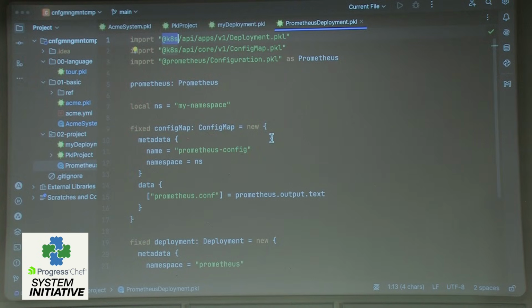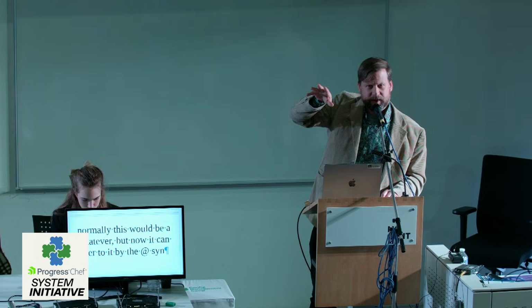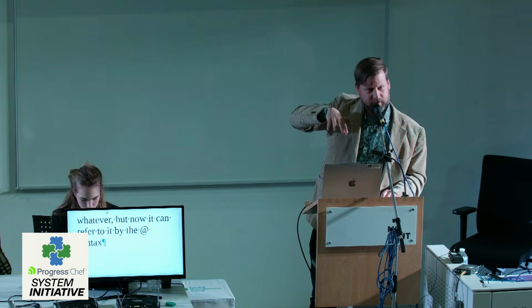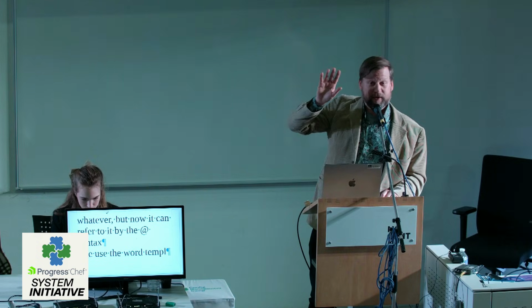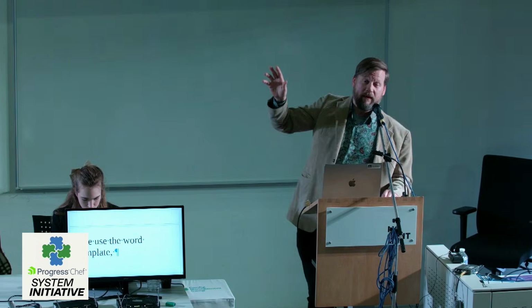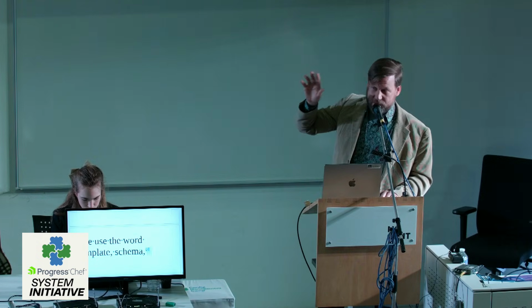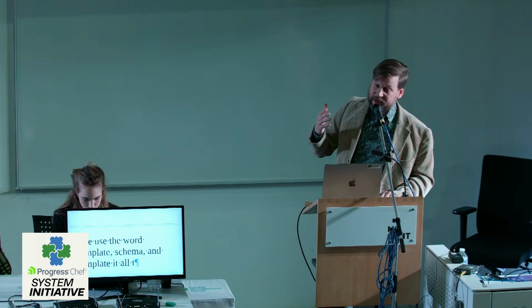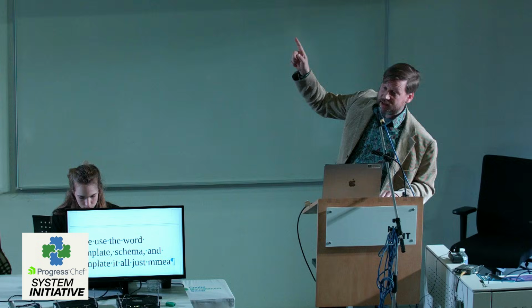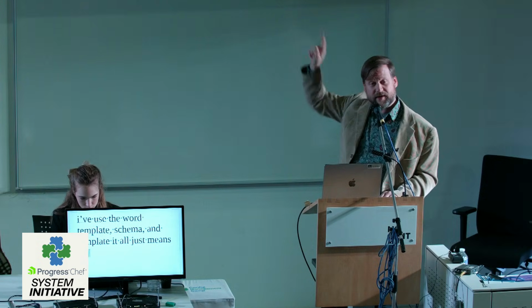By the way, I've used the word template and schema and module. None of these things have significantly different meanings. They all just mean file. And we say schema or template if it contains types, and typically if it contains things that do not have values, like in this case Prometheus.